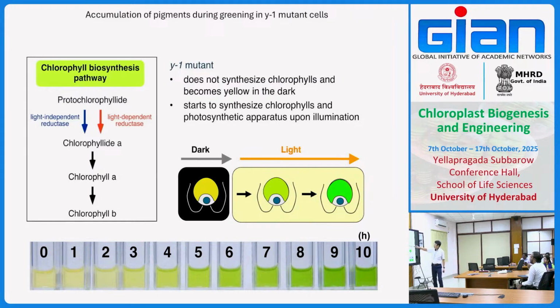If this reaction is blocked or doesn't work, the subsequent reaction will not proceed. In plants or Chlamydomonas, in this case the Y1 mutant is blocked, so protochlorophyllide accumulates.